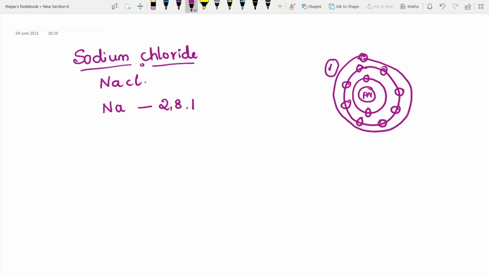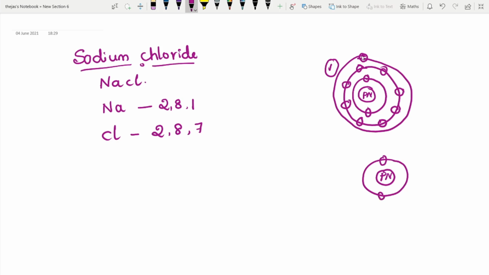If you see the chlorine, in chlorine, the electrons are arranged as 2, 8 and 7. If you see the atomic structure, here also we can find proton and neutron and the electrons surrounding in the orbit.